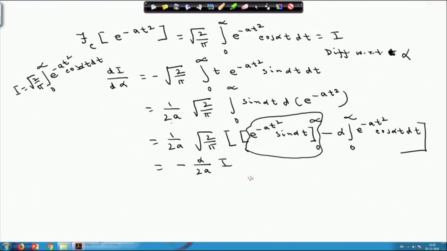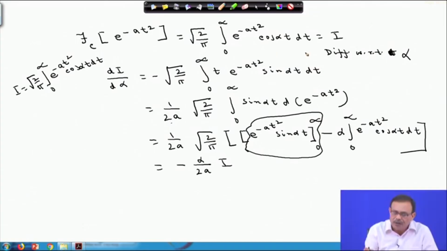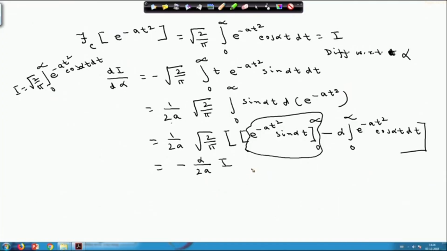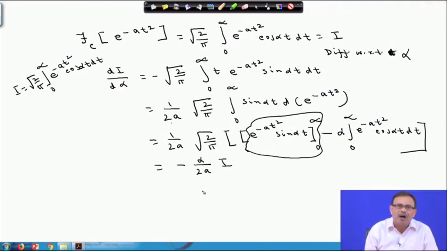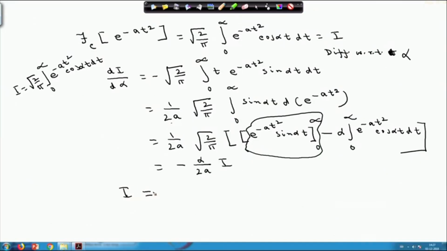So, you see, I have to evaluate the integral. What I am doing? I am just making the differentiation of the integral, and by making the differentiation of the integral, I will obtain one first order ordinary differential equation, which is dI d alpha plus alpha by 2a into I equals 0, and whose solution I can directly write down: I is equals to c into e power minus alpha square by 4a.